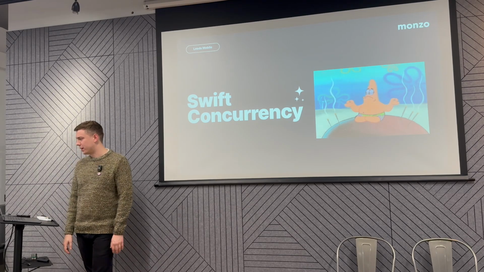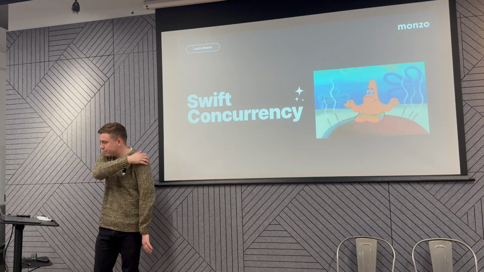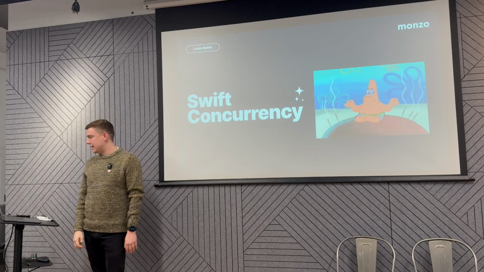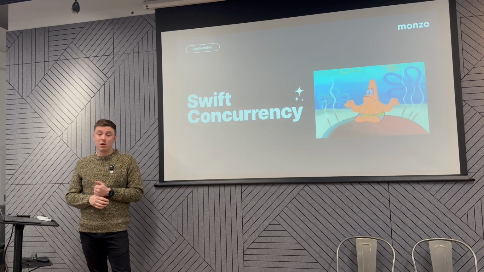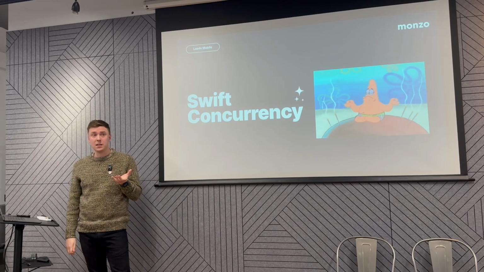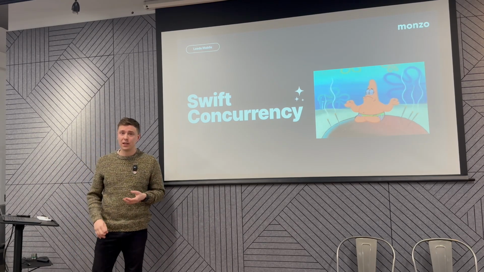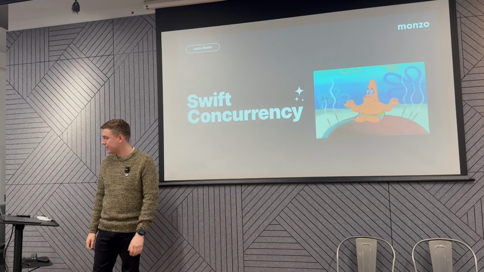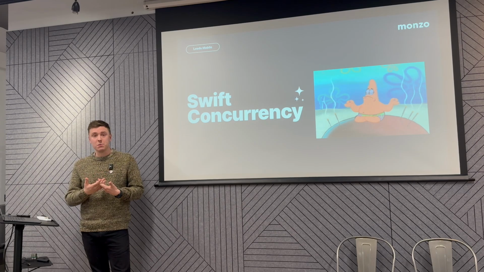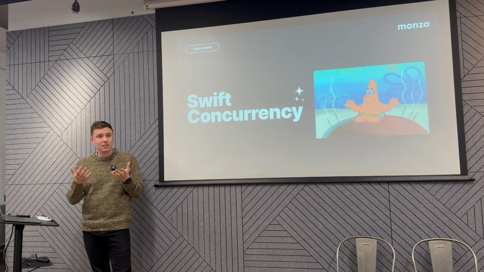And no surprise, there's a new kid on the block, Swift concurrency, and they released this as part of Swift 5.5. And it's their modern approach to concurrency in Swift. It's fully integrated into the language, so cool. And because of that, it improves all the safety, because at compile time, we can check what's going on.